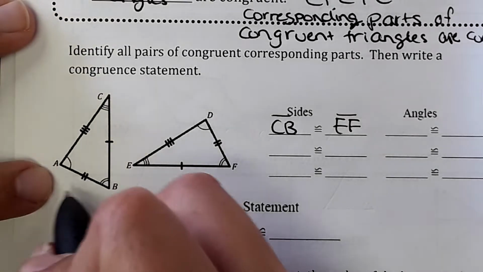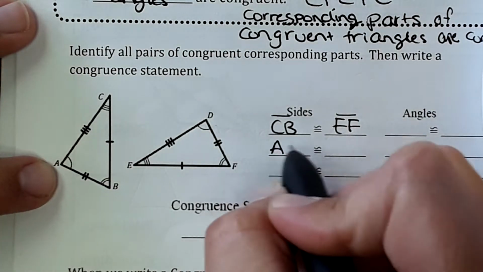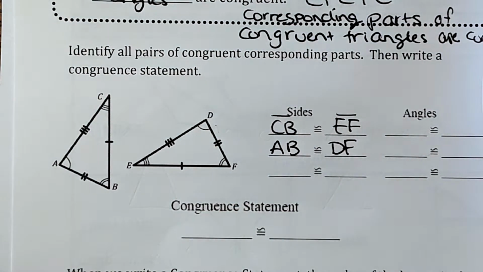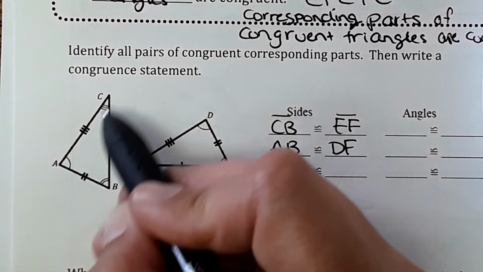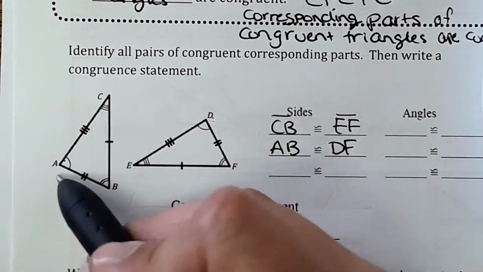Then I also noticed that segment AB is the same length as DF. So AB corresponds with DF. And then AC, this segment here, corresponds with ED over here. So AC and ED.